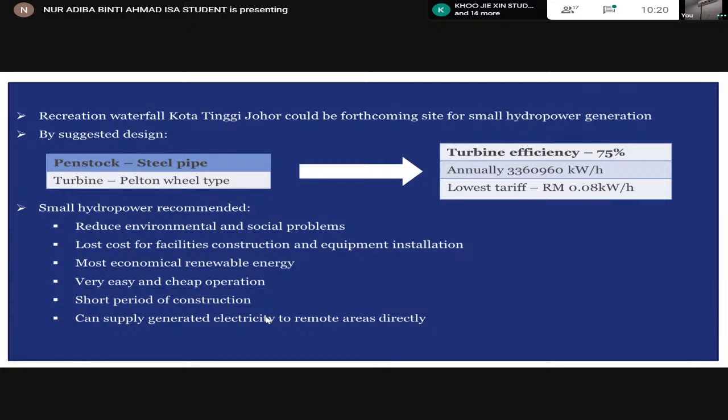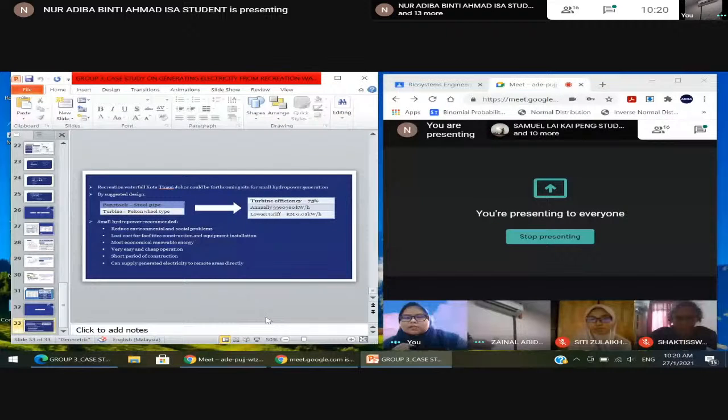So small hydropower is recommended because it reduces environmental and social problems, has low cost for facility construction and equipment installation, is the most economic renewable energy, is very easy and cheap to operate, has a short period of construction, and can supply generated electricity to remote areas directly. So that's all from me and our group.